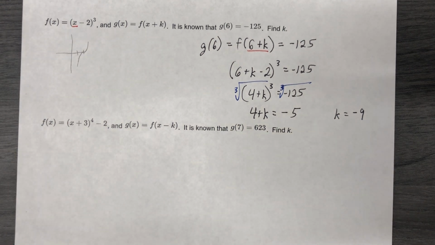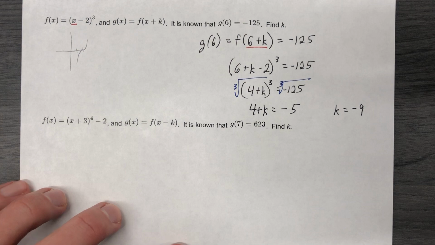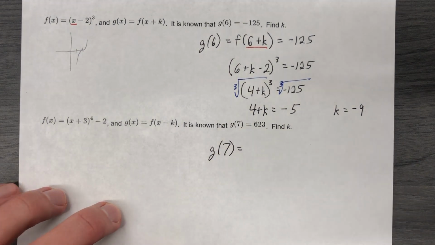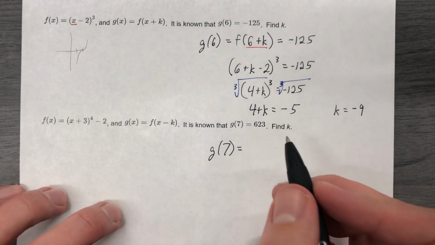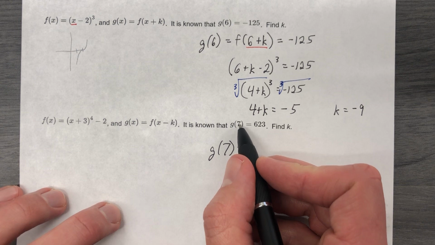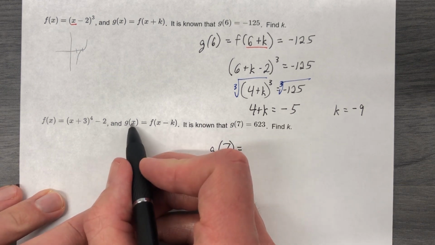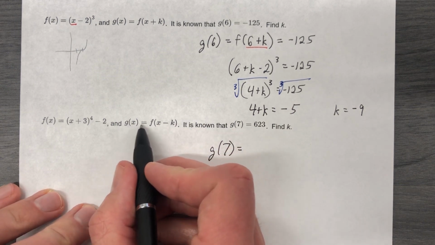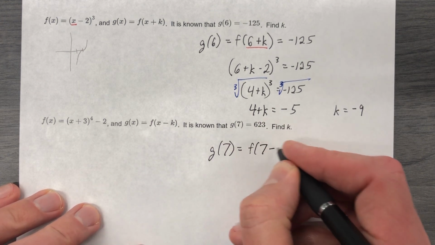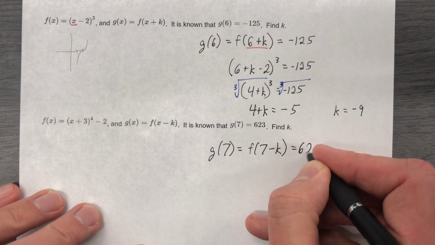So g is defined using f, and it's known that g of 7 is 623. If you're stuck, even though we just did one almost exactly like it, just start writing. g of 7 equals 623. I'm going to take that 7 as my input for x into the g function. So g of 7 equals f of 7 minus k, and that's equal to 623.